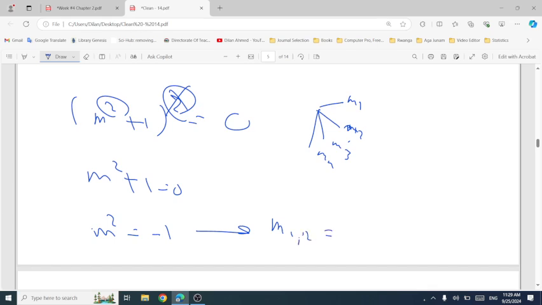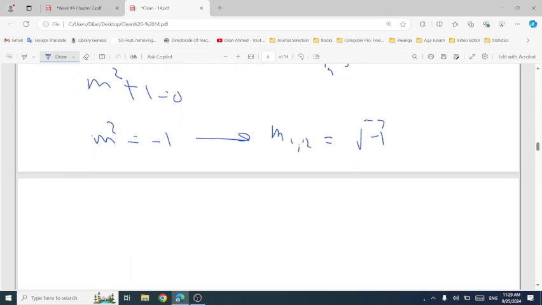Square root for both sides. Plus or minus i. I'll get what? Where's alpha? Where's beta?